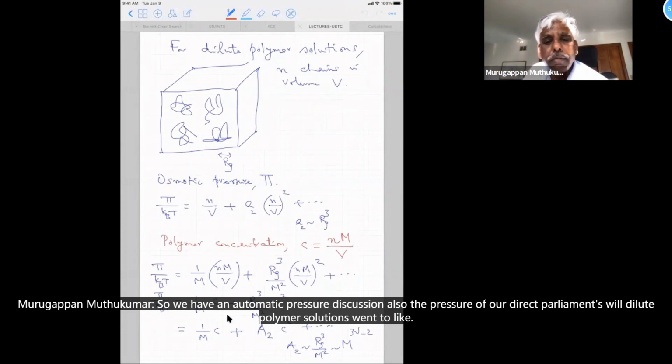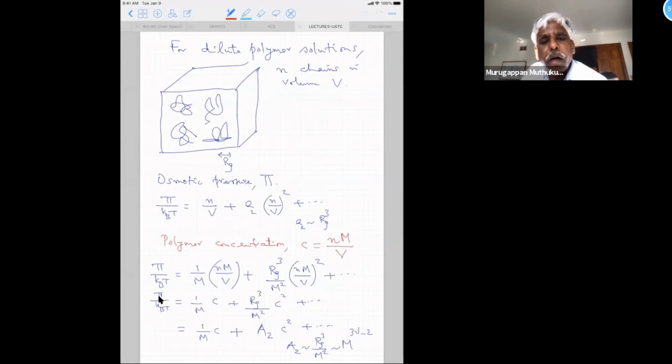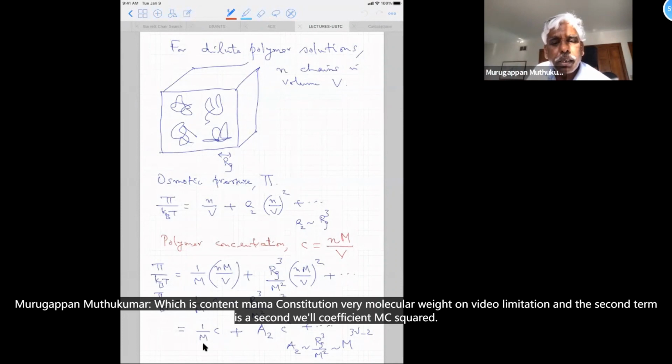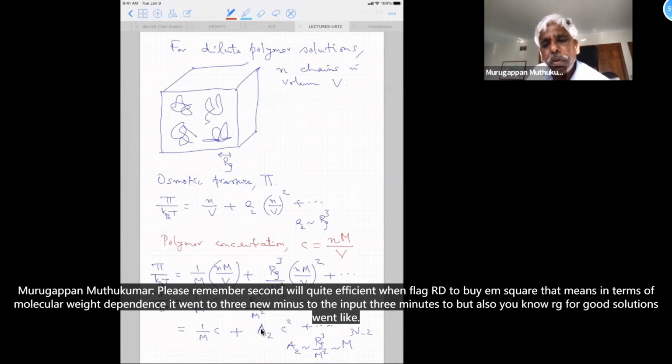In terms of simple arguments, the leading term was concentration over molecular weight. Osmotic pressure will go like the van 't Hoff ideal gas law, which is monomer concentration divided by the molecular weight or degree of polymerization. And the second term is a second virial coefficient times C squared. Please remember, the second virial coefficient went like RG cubed by M squared.